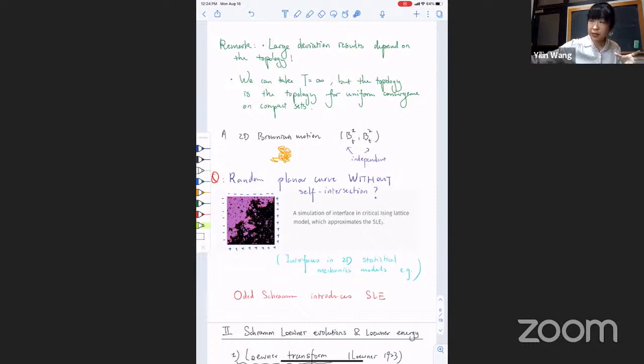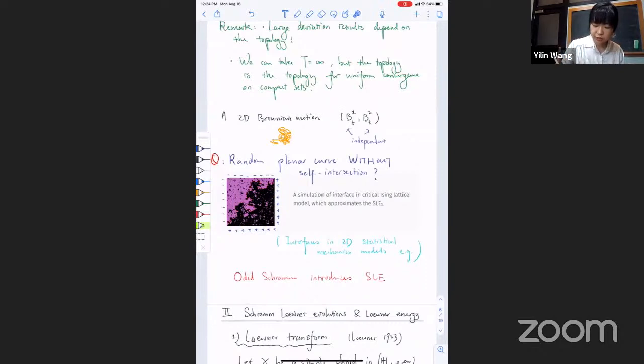If you squeeze it a little bit, or zoom in a little bit inside, the curve will have a similar law as before. This is conformal invariance. But here it is a very general idea: how would you describe this interface? After taking the mesh size to 0, it will be a continuous curve without self-intersection. Actually, it might touch itself in other models, but it can never cross itself. As an interface, it will never do that.